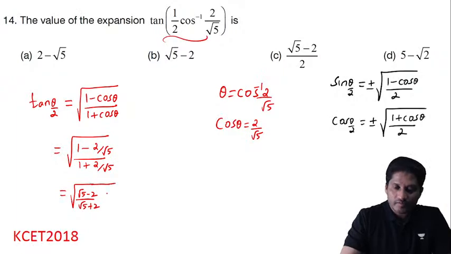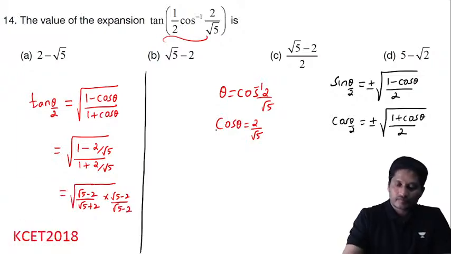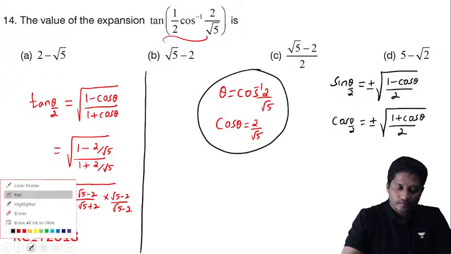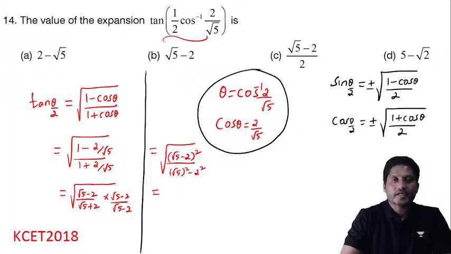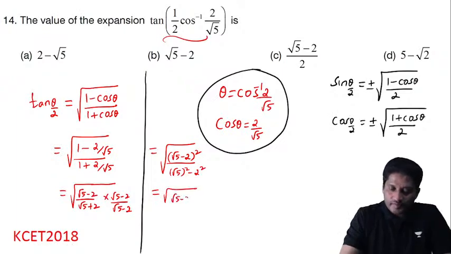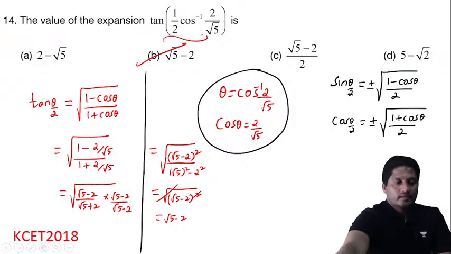Now if I rationalize the denominator, multiplying by root 5 minus 2, this is equal to the whole root of root 5 minus 2 the whole square. A plus b into a minus b is a square minus b square, that is root 5 the whole square minus 2 square, which is 1, so the denominator is anyway 1. Root and square cancel. You will get root 5 minus 2. Answer is option B. Let's move to the next question.